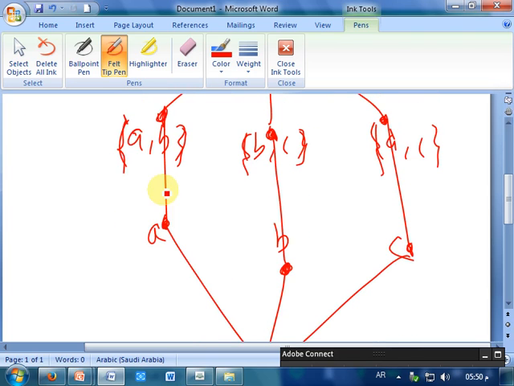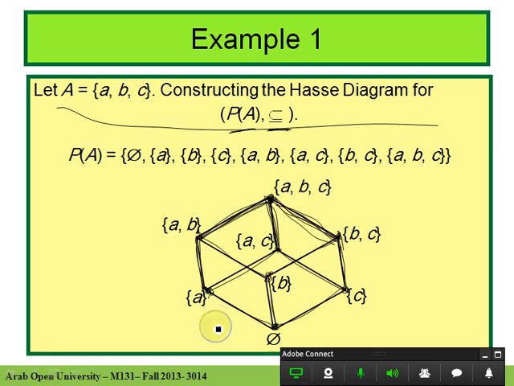B with AB and B with BC, and C with BC. We don't have to write all of these. See, we have to consider this power set.